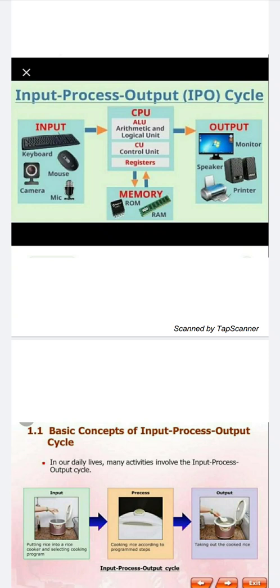In output, it is monitor, speaker, printer. All these items come in your output devices. See here, input devices are keyboard, mouse, camera, and in the process, only the CPU is there, and in output there are monitor, speaker, and printer.